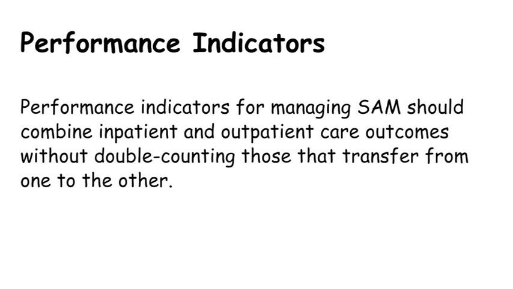So for example, a child may be in the stabilization care program, that is, they're admitted in a pediatric facility or health facility, and then they are discharged to go on to the outpatient therapeutic program where they are continued to be managed from home, not necessarily at the health facility. So when we are then calculating our performance indicators, we're not supposed to double count these patients who came from the SC as well as those in the outpatient therapeutic program.